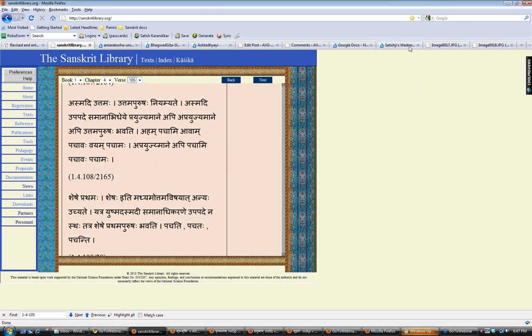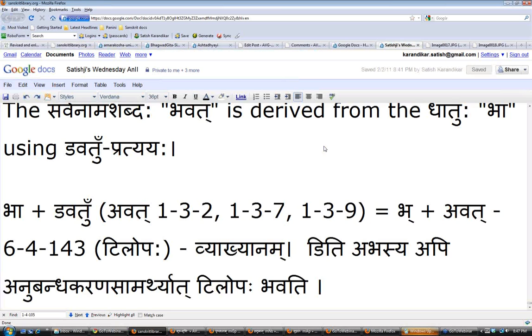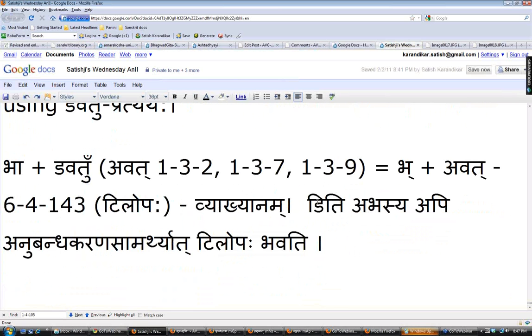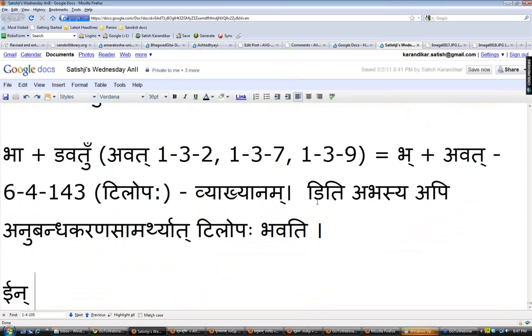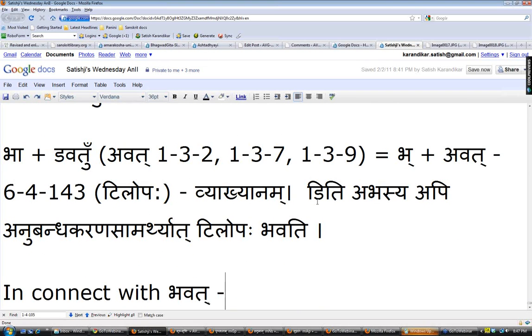So in connection with bhavat pratipadikam, we have to use prathama purusha, third person in English.